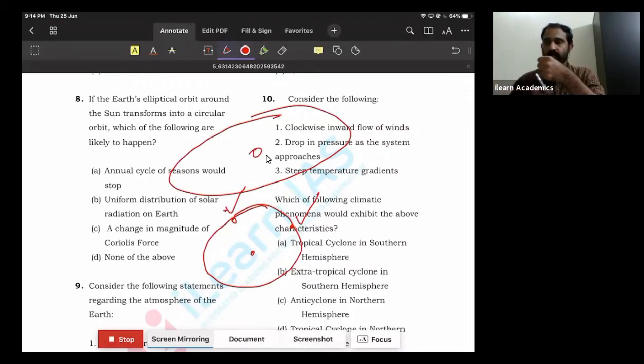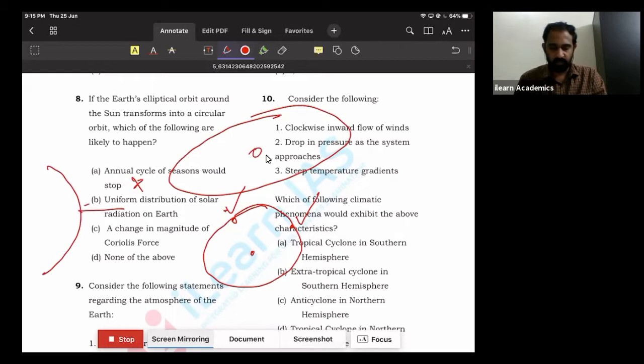Then this is equinox. Here the north pole is facing Sun, the northern summer. Then again another equinox. Here south pole is facing, that is southern summer. So you can eliminate option A. Option B, uniform distribution of solar radiation on Earth. So the uneven distribution is due to the curvature of Earth.